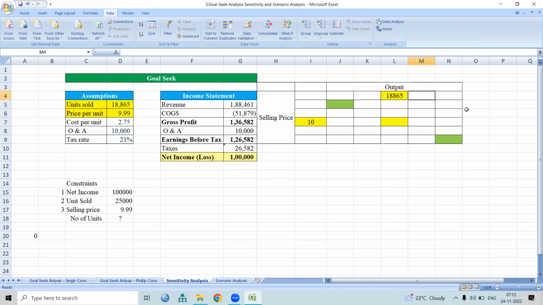Right. Now we'll say that for every 5,000, we'll try to estimate the output. So how do you find out? We say 18,865 plus 5,000, 23,865, and then 28,865. Similarly, 18,865 minus 5,000.